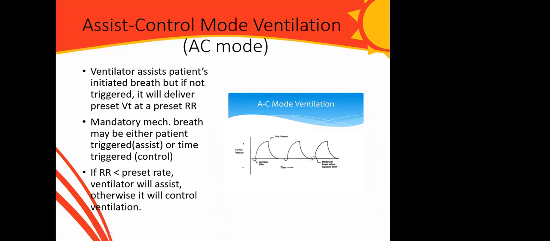Whether the patient is initiating any breath or not, the ventilator gives a mandatory breath. This can either be patient triggered or time triggered. If the respiratory rate of the patient is less than the preset rate on the ventilator, the machine will assist in a controlled manner.